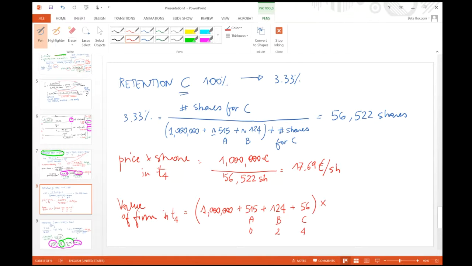Times what? Again, times the implicit value that the company receives in the third round of financing, 17.69 euro per share.